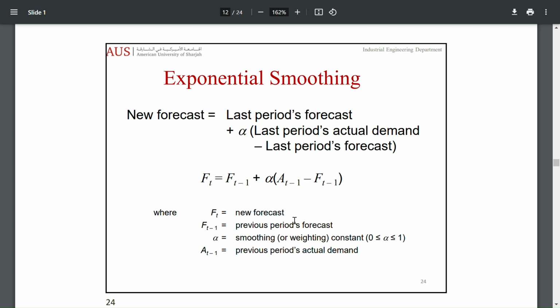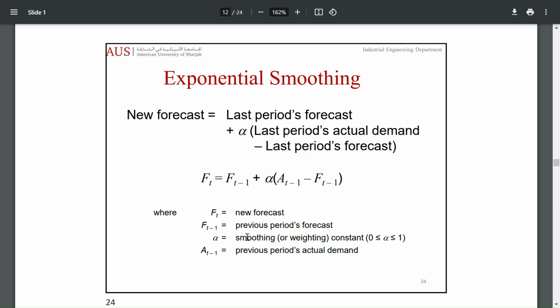Let's say we have data for the past 10 months for a company, let's say NVIDIA. We want a forecast for the upcoming month. We have the historical values for the past months, and we're going to predict or forecast the sales for the next month. And this is exactly F_t.